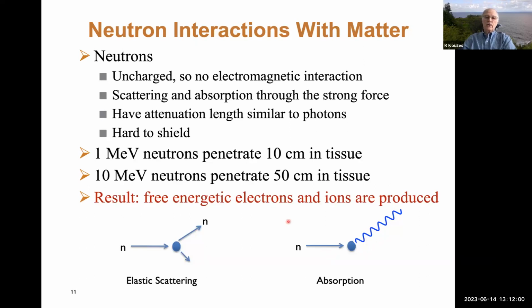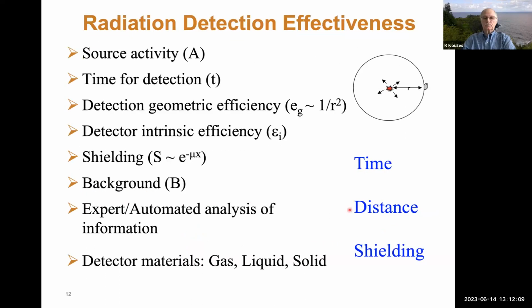And in the end, the result again is a bunch of energetic electrons and ions produced in this process. So in general, what we've seen is basically the interaction of everything in matter is the production of energetic electrons and ions in the material.